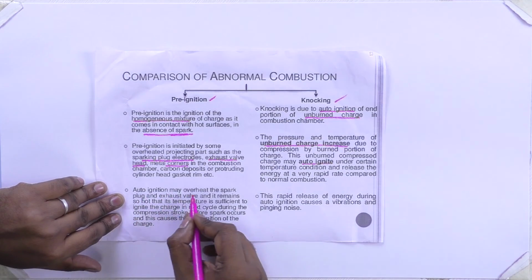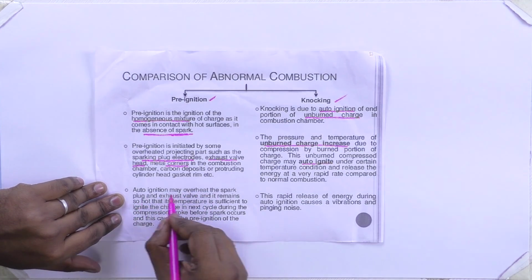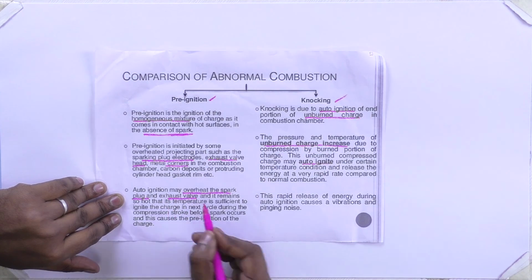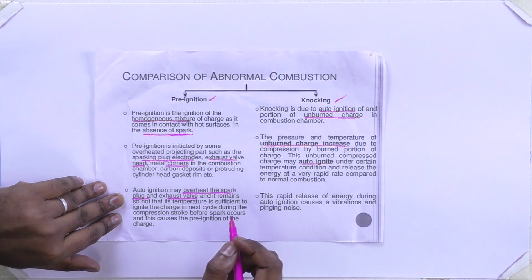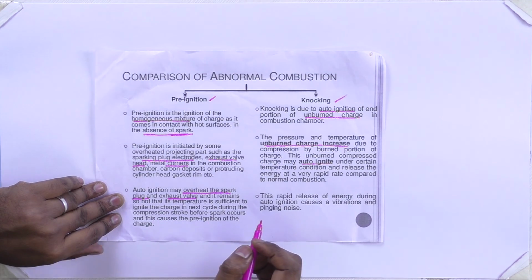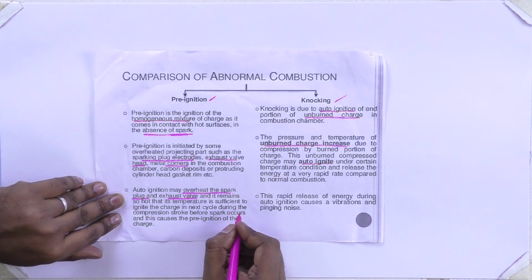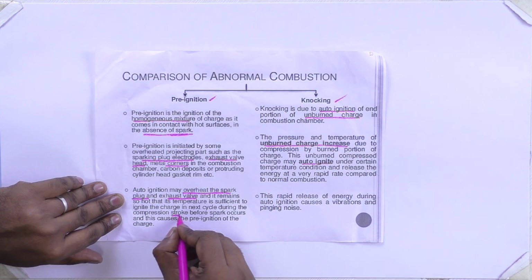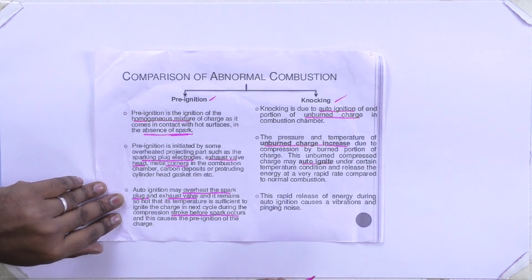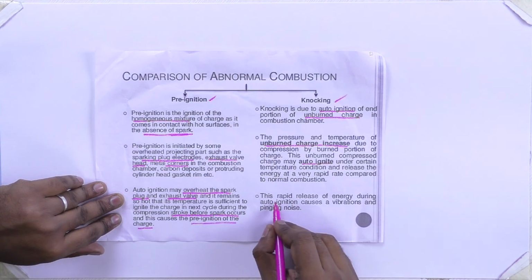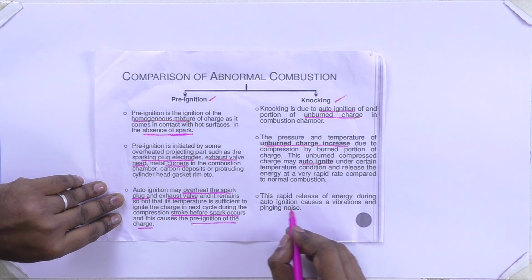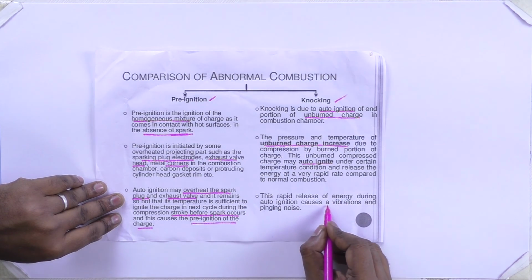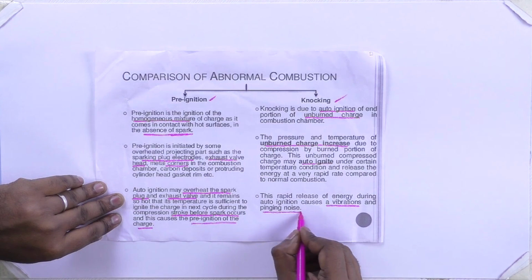Auto-ignition may overheat the spark plug and the exhaust valve, and it remains so hot that its temperature is sufficient to ignite the charge in the next cycle during the compression stroke before the spark occurs, and this causes the pre-ignition of the charge. In knocking, the rapid release of energy during the auto ignition causes a vibration and pinging noise.